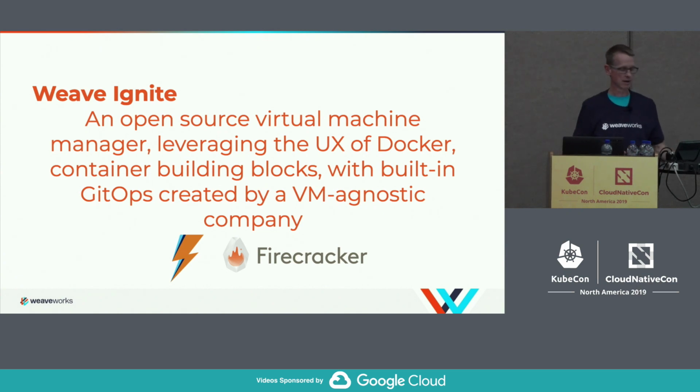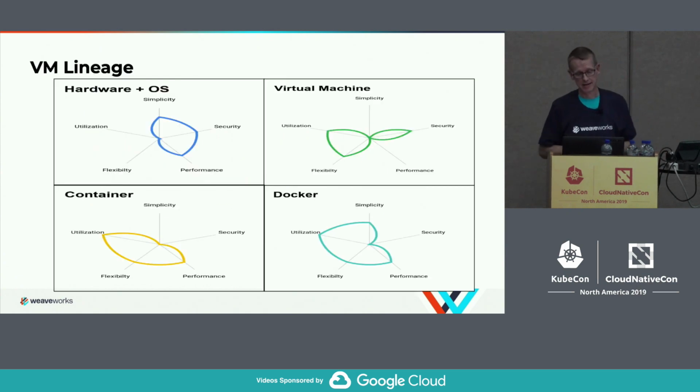That is Weave Ignite. So when I think about running workloads historically and over the years, in my mind, I kind of think of 5 axes of those workloads and the benefits we get from the different layers that we could use to run those on. So if we start with hardware and operating system, just a base hardware and installing an operating system on there, the 5 axes that I think about are simplicity, security, performance, flexibility, and utilization.